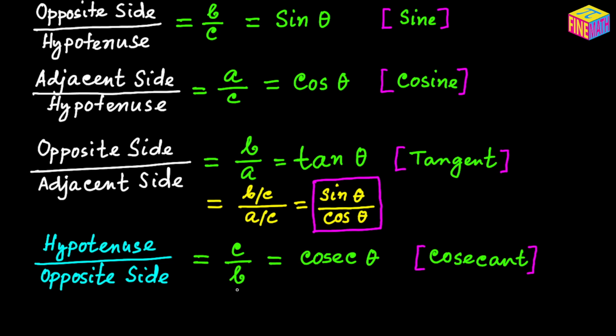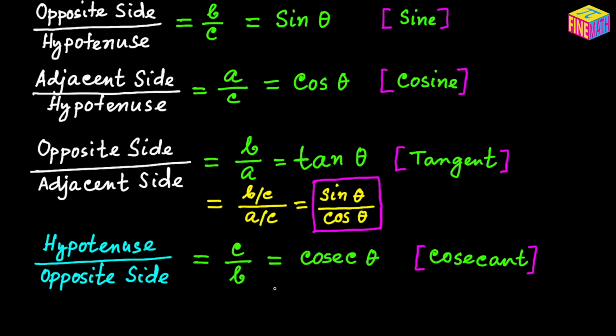In this particular example, it would be C divided by B, and this ratio is called the cosecant of theta. In abbreviation we write it as cosec theta. The name is cosecant. You can say cosecant or cosec, both are fine. And if you look here, this cosec theta is nothing but, can we do it like this?